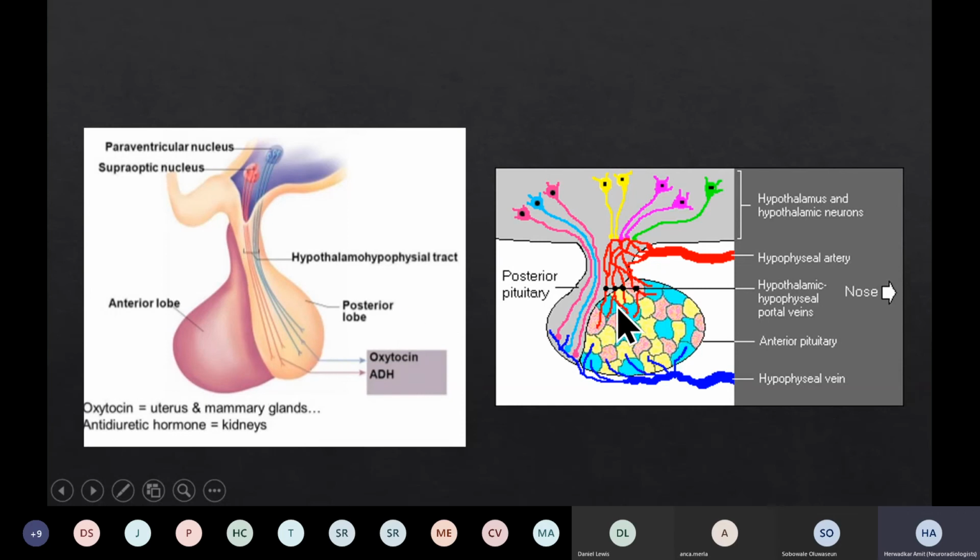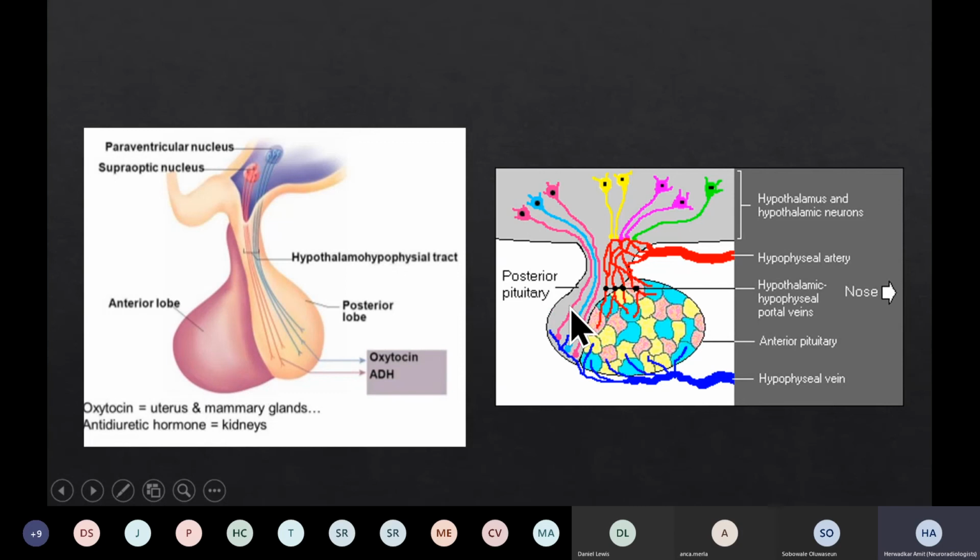And the same holds true if you look at the blood supply of the pituitary gland. Here it is kind of reversed. The posterior pituitary is on the left-hand side of the screen, the anterior pituitary is on the right-hand side, and you can see the neurons here in the hypothalamus which will send down the axons, and the peptides will be released.